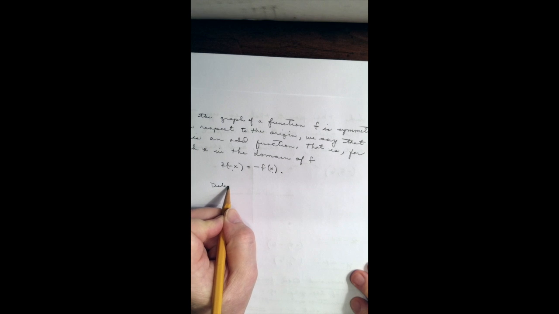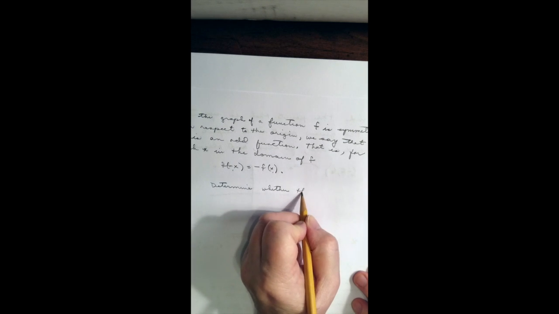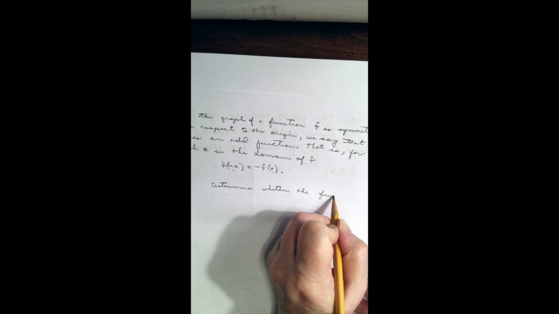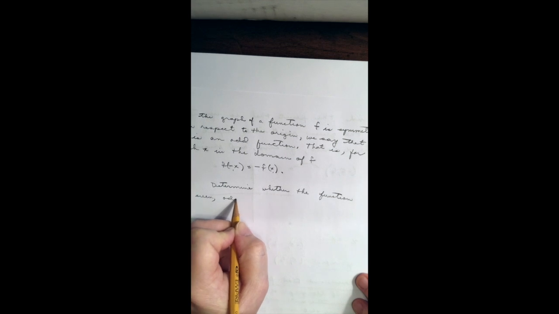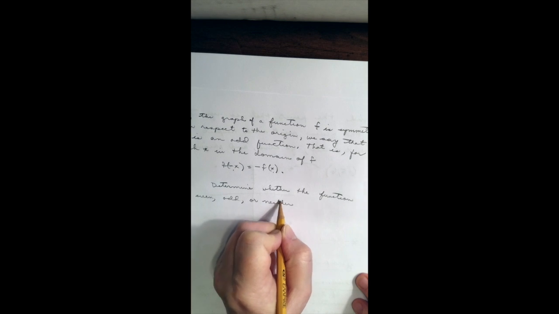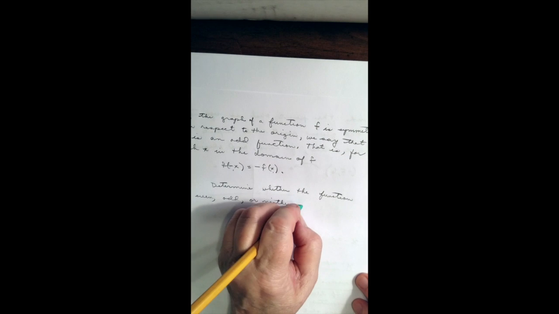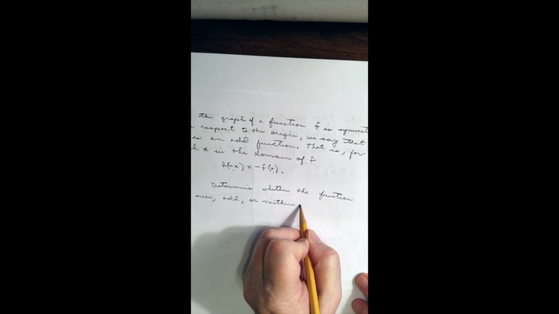Okay, so an example of this would be: determine whether the function is even, odd, or neither, or we could say neither odd nor even.